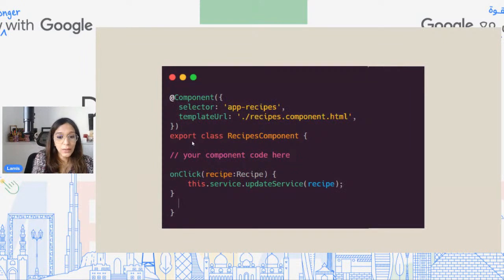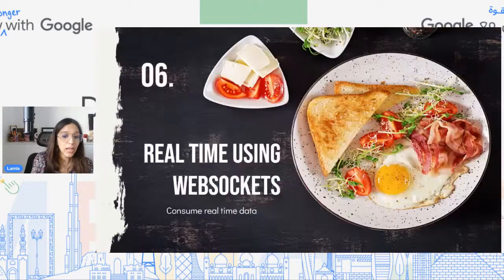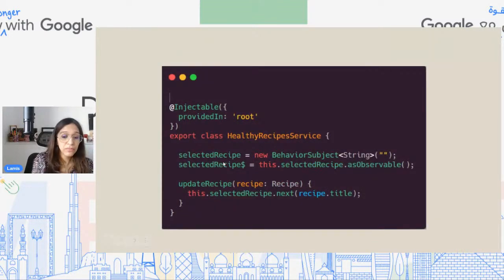As you can see here, I am updating the recipe when I click on a recipe, but you can do it wherever you want, and then you just subscribe to selectedRecipe$ and you will get notified about the latest recipe. This is a very powerful mechanism. Even state management libraries use the BehaviorSubject in order to share data in the common state. So yeah, this is the sharing data recipe.